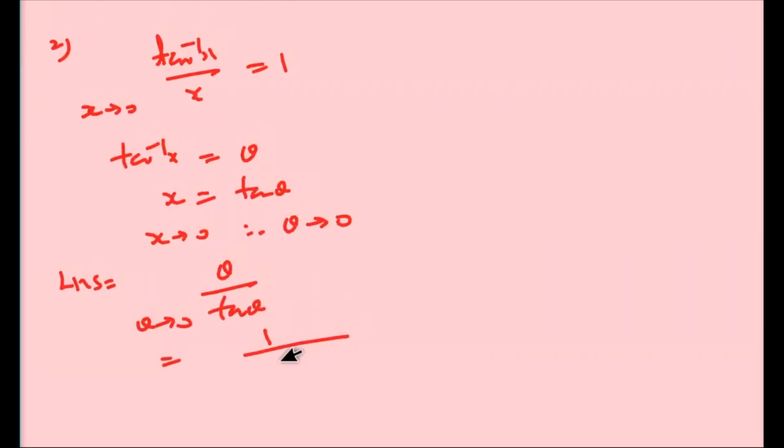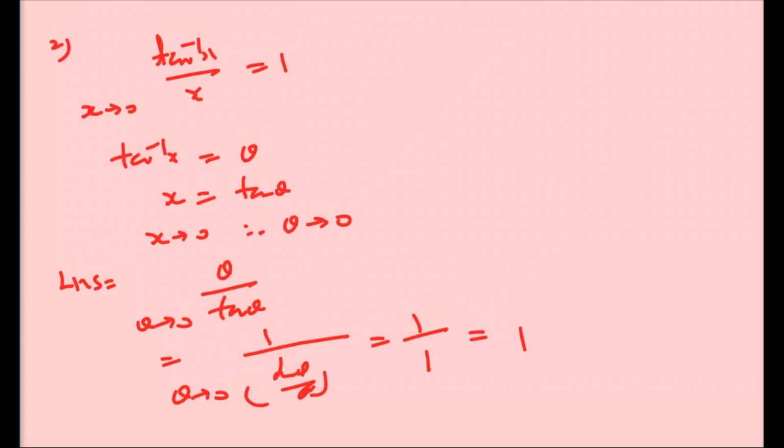We can write 1 upon (tan theta upon theta), which is 1 upon 1, equal to 1. So this formula also you have to learn. Student, involving inverse trigonometric functions, we convert the limit in terms of trigonometric functions by replacing the inverse trigonometric functions. Okay, then we can solve the inverse questions easily, as you have seen the formula.